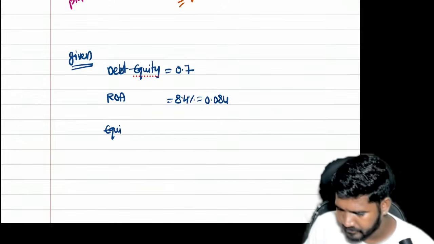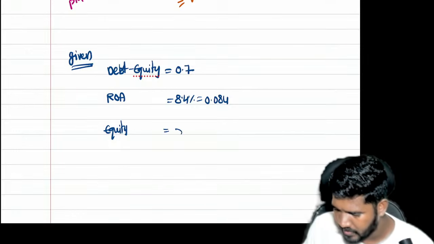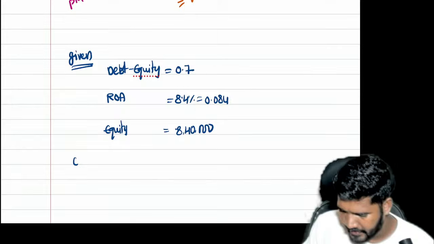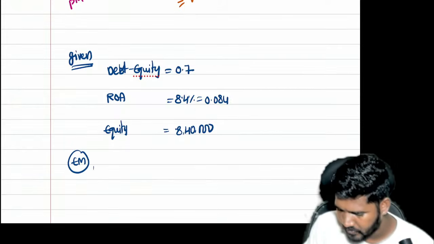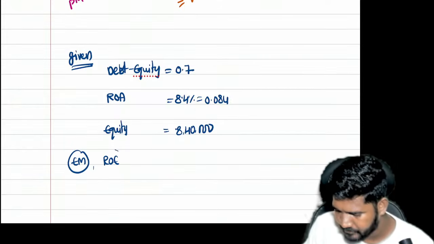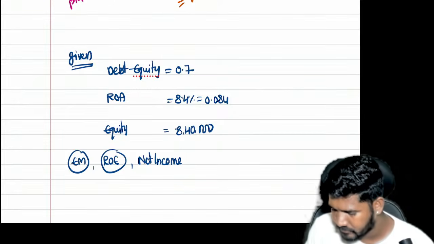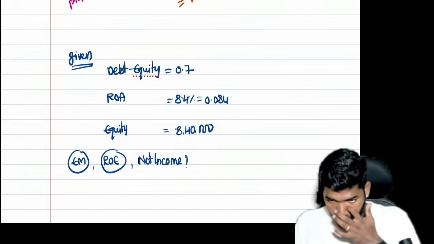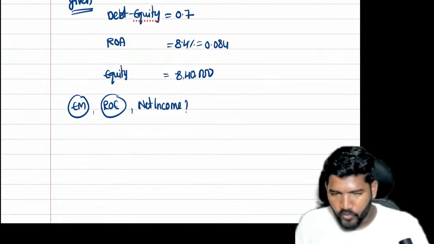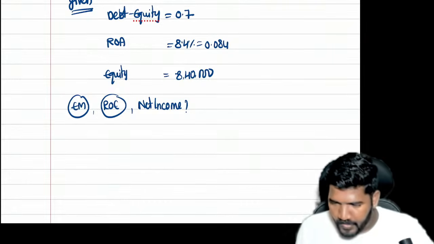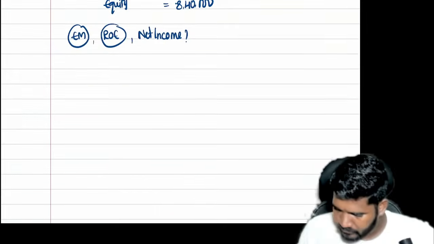Equity 8,40,000 rupees. They need equity multiplier. They need return on equity. They need net income, not net profit margin. Okay. Now, here you have to understand the new calculation part for equity multiplier.